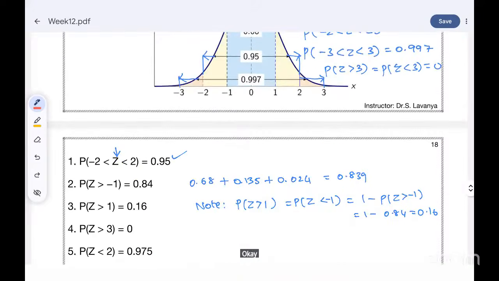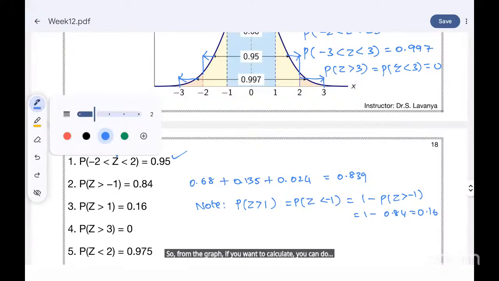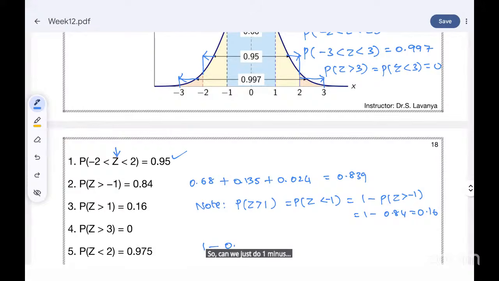Okay, and what is probability of z less than 2? From the graph, if you want to calculate, you can do it. So can we just do 1 minus 0.024?